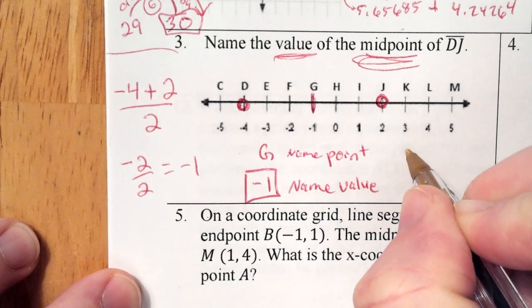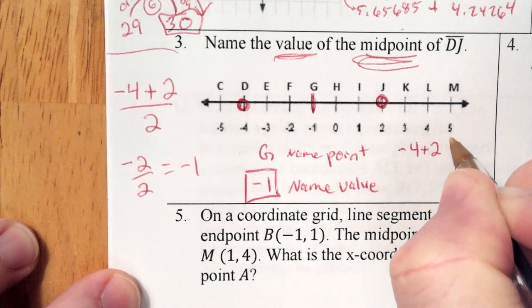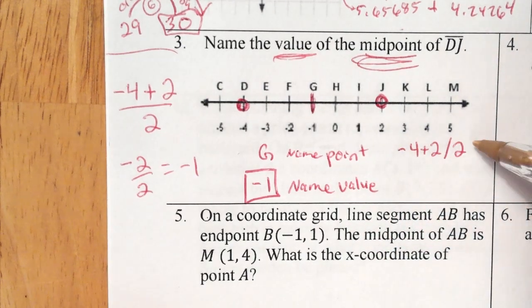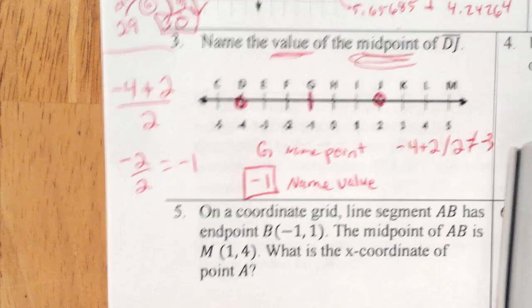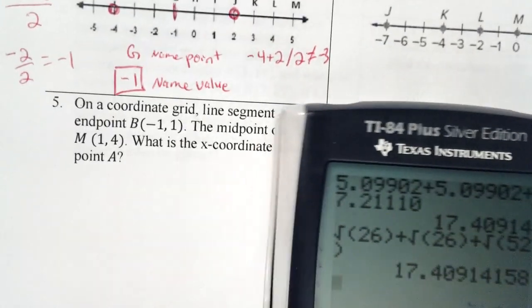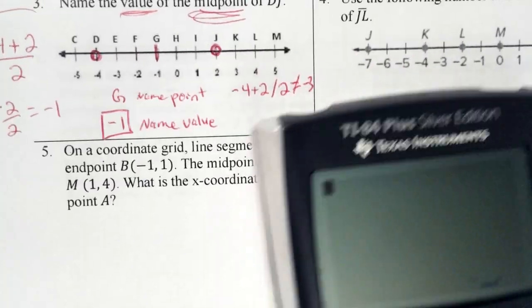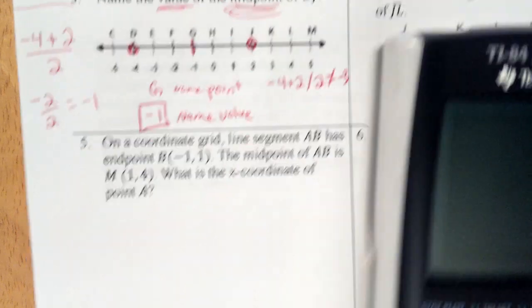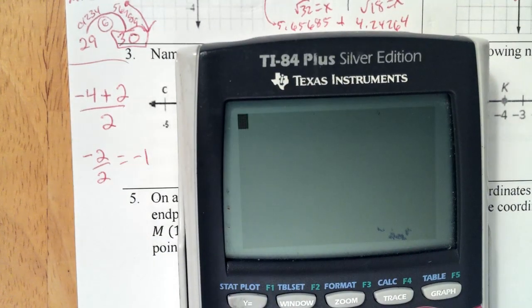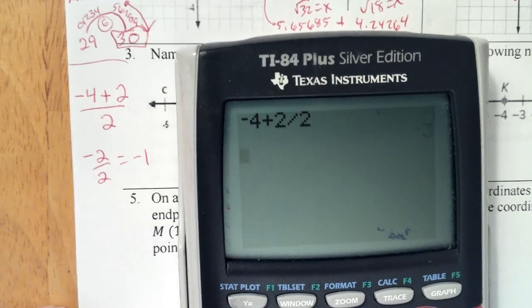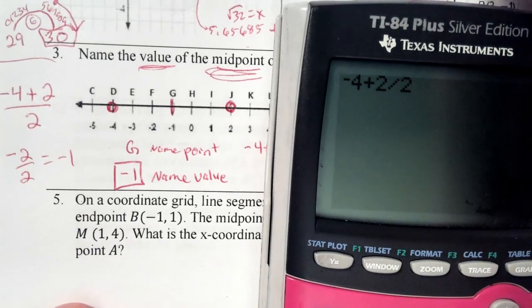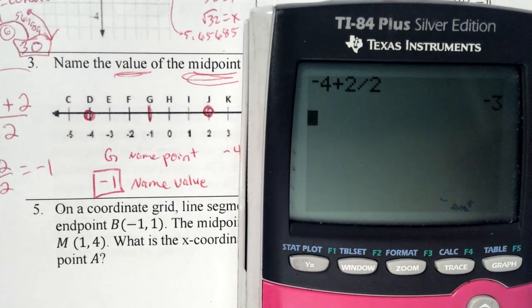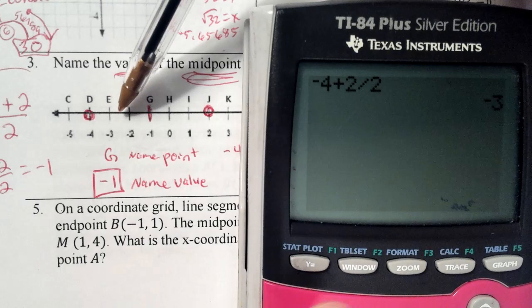Now, be careful. Another thing that could happen was -4 plus 2 divided by 2. That does not equal -3. Let me explain why I pointed that out. I want you to see the difference between these two answers. We have -4 plus 2 divided by 2. This is incorrect because just look at the picture. I said my answer was -3.